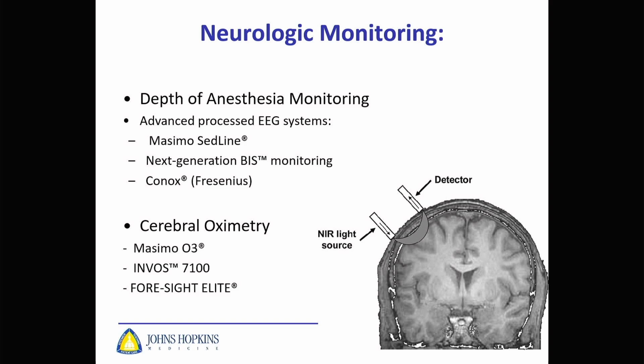It's well known that even NIRS can give you a value for an inanimate object. It's been well published that melons, you can put NIRS on a melon and give a number. Nonetheless, these have been in practice, particularly in cardiac surgery, for now over 10 years, and there is probably the most amount of data, I'd say, on cerebral oximetry.